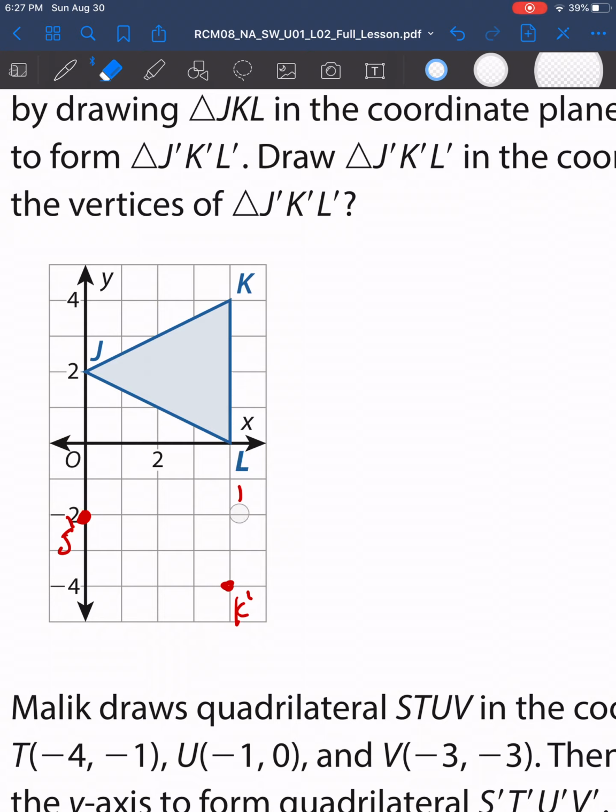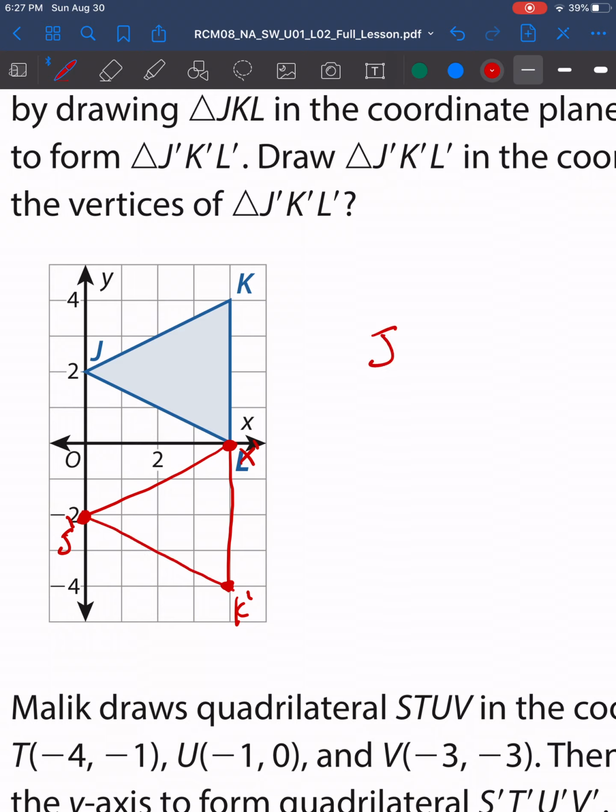L is already on the x-axis. If it's on the x-axis, and the x-axis is the line of reflection, that means it's not going to move. Okay, so this is L prime. So L and L prime share the same coordinate. All right, so now let's go ahead and do J prime, K prime, and L prime.